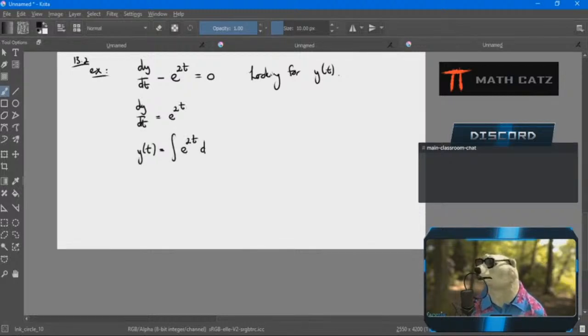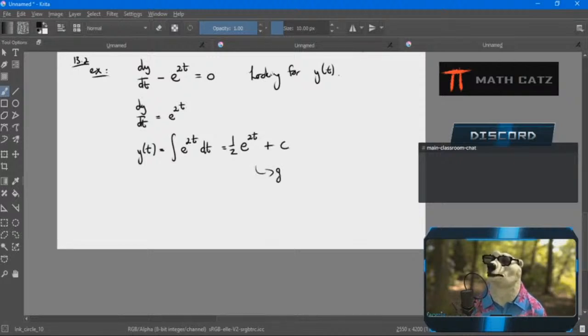So I'll set it up in my antiderivative language, and I can then go and say, okay, I can reverse engineer e to the 2t. It's e to the 2t, but because the chain rule is going to pop out a 2, I put a 1/2 in front. There's not a real need for substitution because it's such a simple backwards chain rule. And of course my plus c.